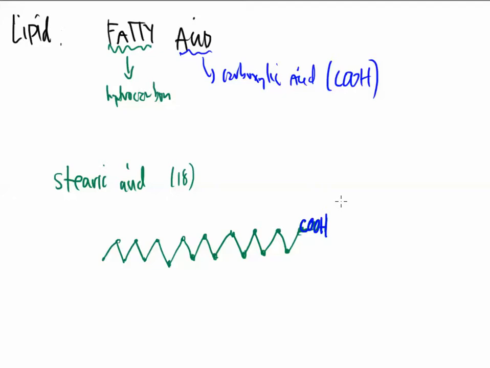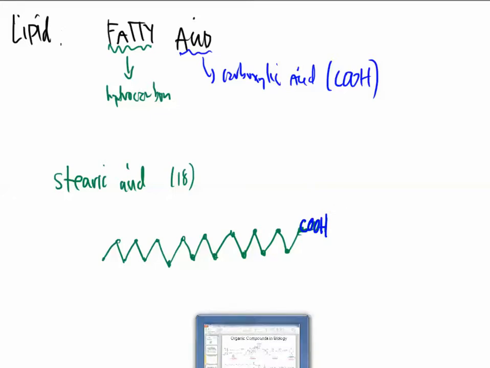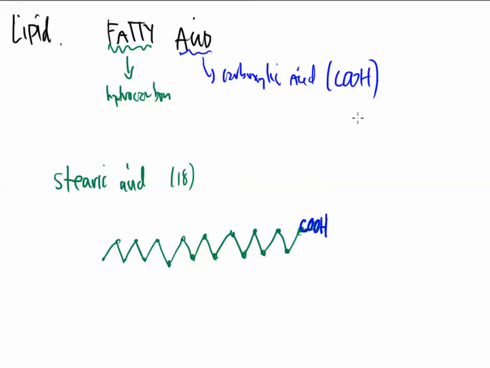However, what you will find out upon further investigation of fatty acids is that number one, they are actually even numbered. So that means that we will see carbons of 18, carbons of 20, carbons of 14, carbons of 12, but we really don't see carbons of 13. We don't really see carbons of 23.